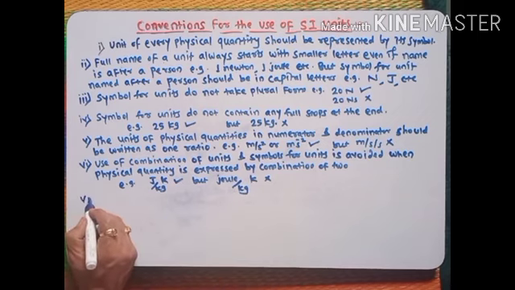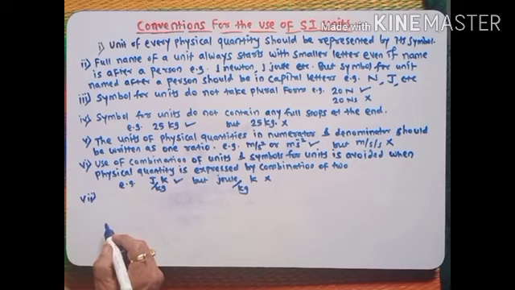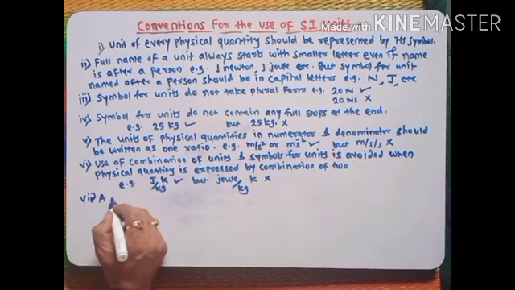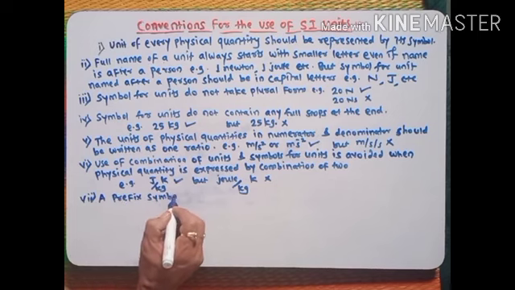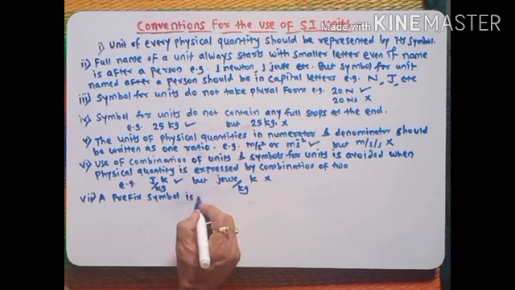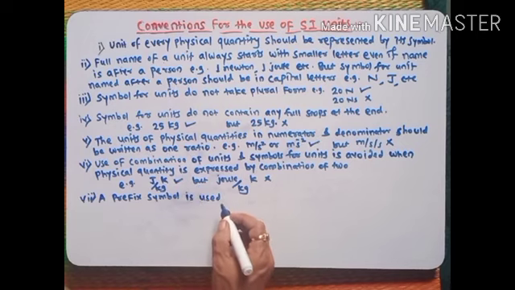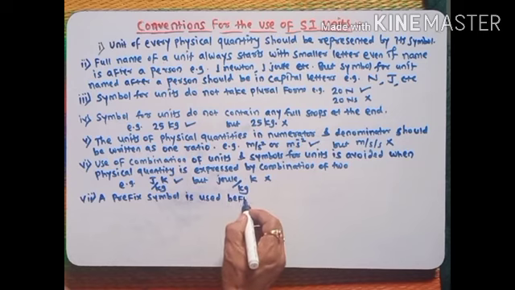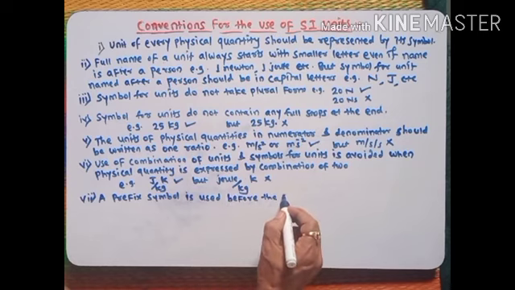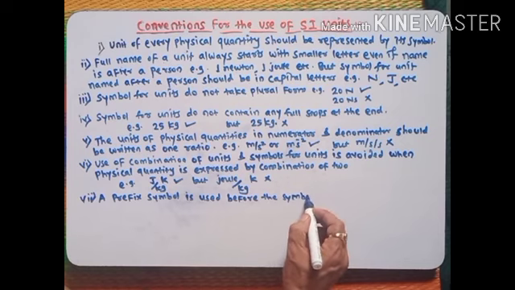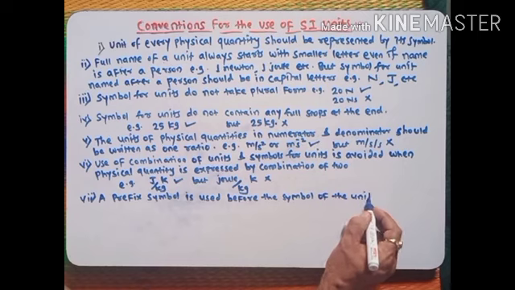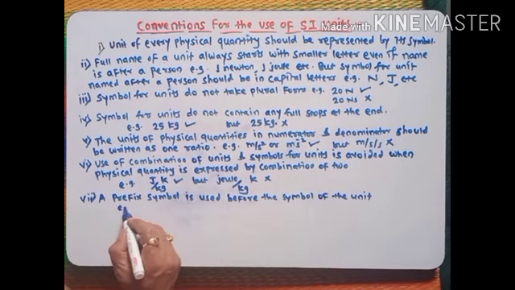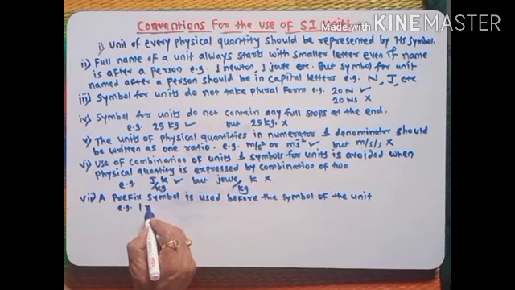Then seventh, a prefix symbol is used before the symbol of the unit. For example, see here, 1 millisecond, we write like this: millisecond.